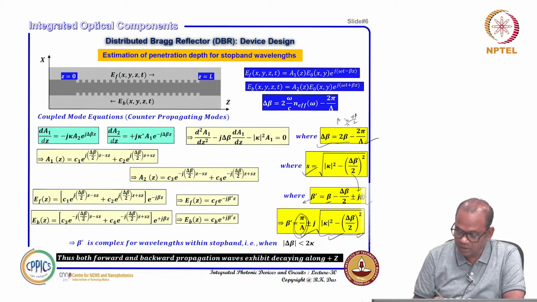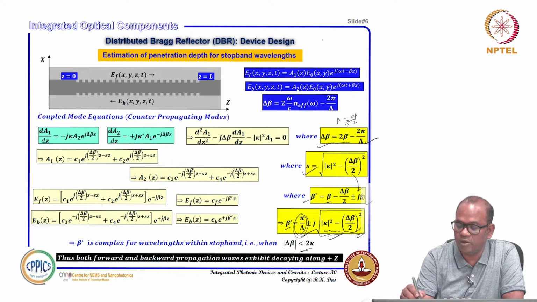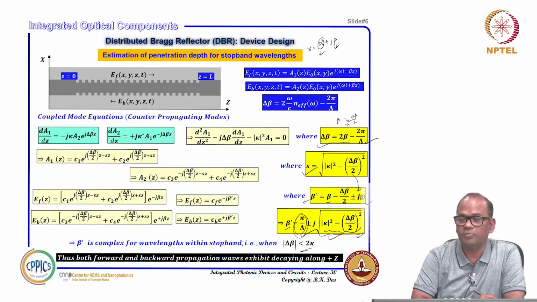Okay. Now if the magnitude of delta beta is less than 2 kappa, then this one will become positive and j will be there. So in that case beta prime will have a complex value, with an imaginary part. Normally when we consider an electromagnetic wave propagating along a homogeneous medium, we consider alpha plus j beta as the propagation constant, where the real part contributes loss and the imaginary part contributes the propagation constant.